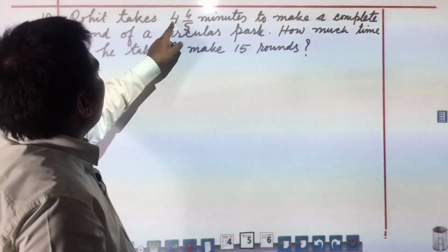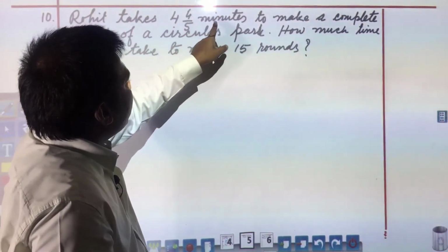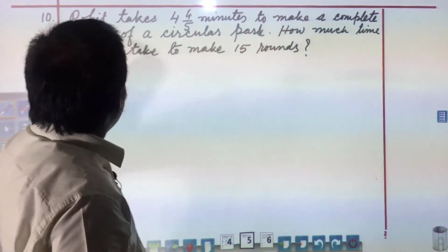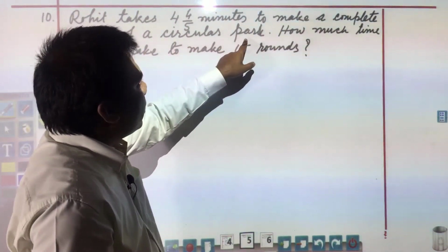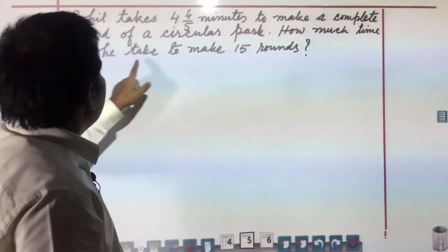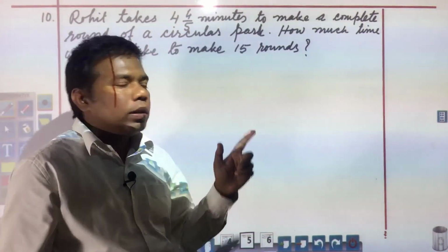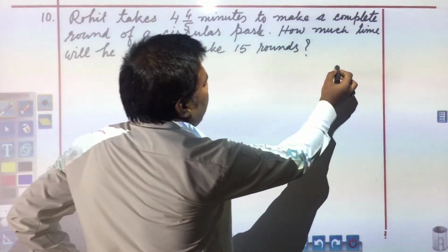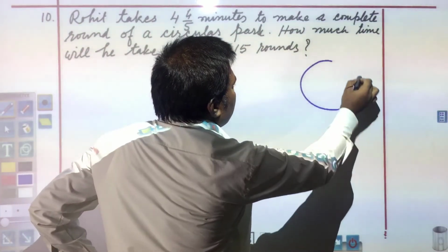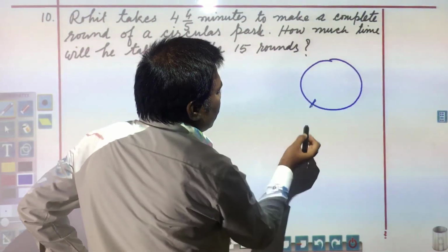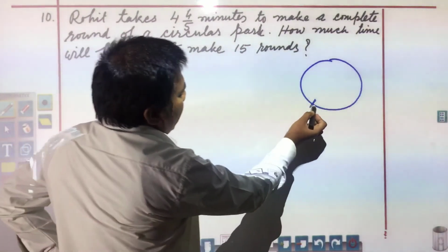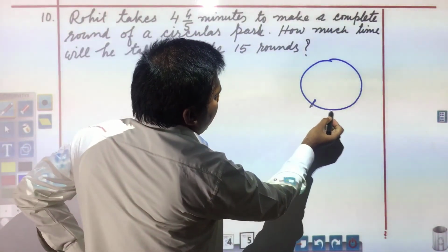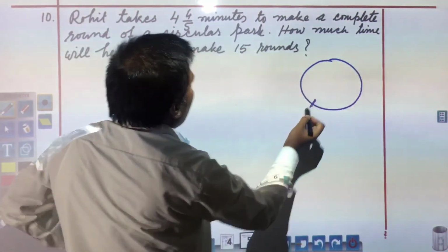Rohit takes 4 whole 4 by 5 minutes to make a complete round of a circular park. How much time will he take to make 15 rounds? Just see, suppose you have a circular park like this, and suppose Rohit is starting from here, and he is making one complete round.